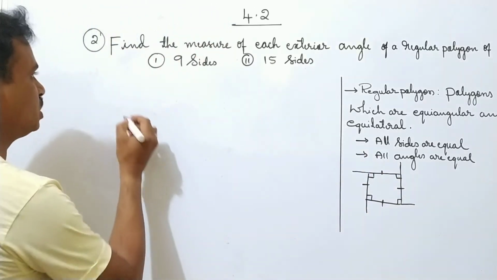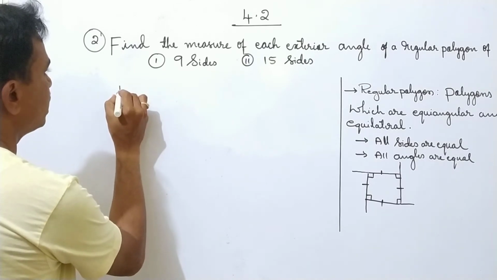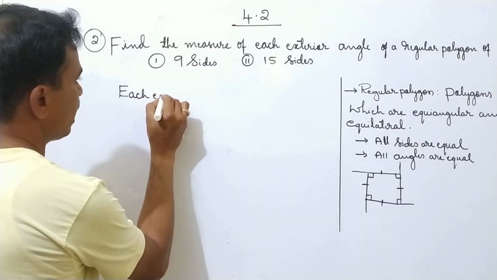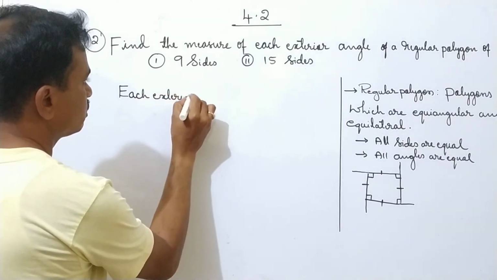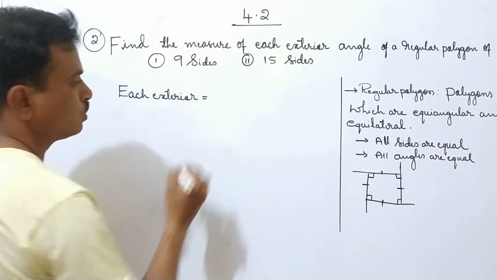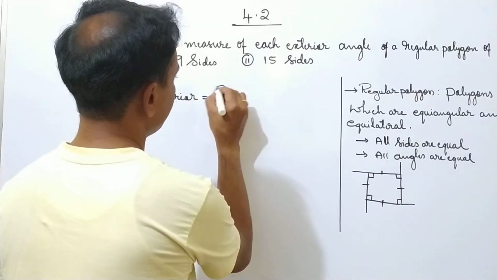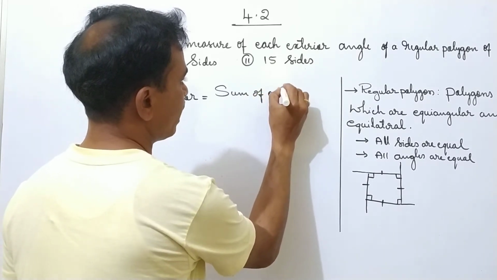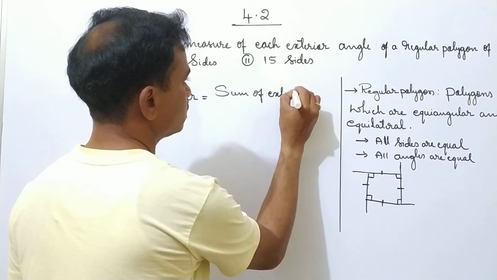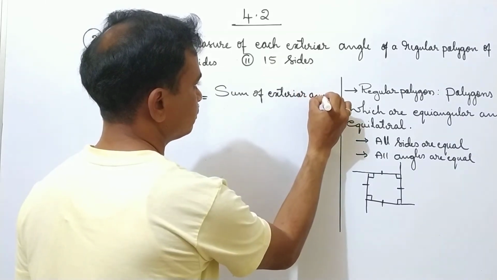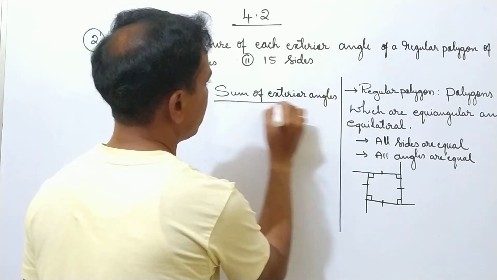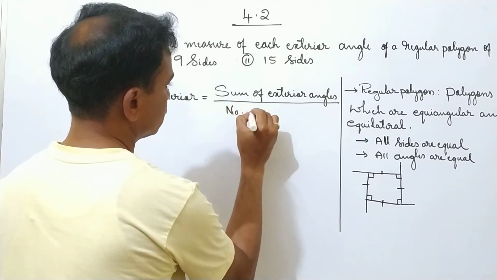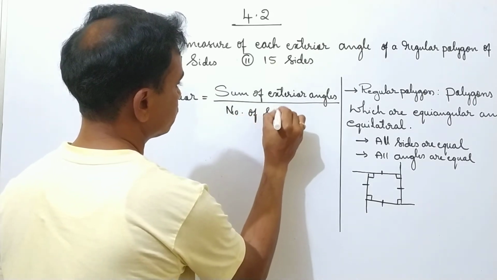To find each exterior angle, the formula is: each exterior angle is equal to the sum of exterior angles divided by the number of sides.